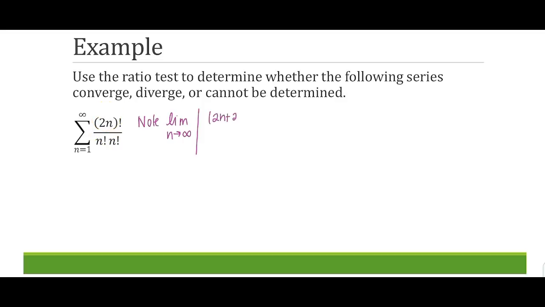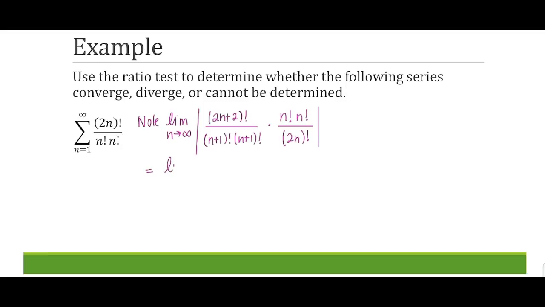So I have 2n plus 2 factorial over, each of these n's become n plus 1. So we have n plus 1 factorial, n plus 1 factorial, times the reciprocal of a sub n factorial in the numerator over 2n factorial in the denominator.